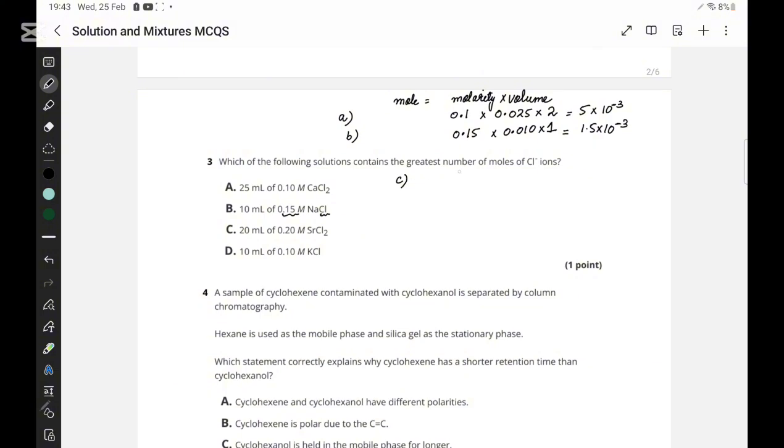For part C, we multiply the molarity 0.20 times the volume 0.020 times the chloride ions, which is 2 there. So it comes out to be 8 times 10 to the power minus 3. Then for part D, it's going to be 0.10 times the volume 10 divided by 1000, that is 0.010.